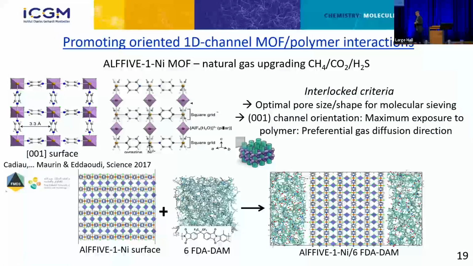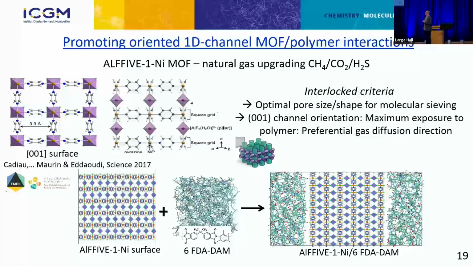Another aspect we also want to try is to promote what we call an oriented 1D channel MOF polymer, to improve the compatibility between the MOF and the polymer, but also the performance. For this, we came back to a platform that we were exploring in the past, with aluminum F5, made of a square grid, where you have the pillared aluminum F5.